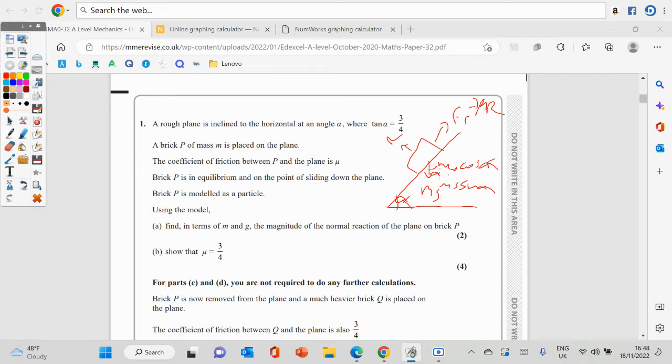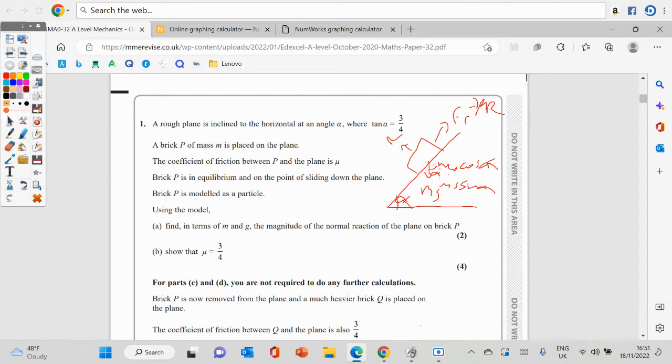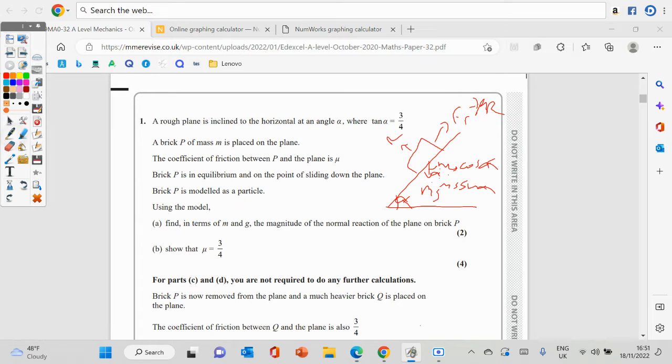So if we resolve perpendicular to the plane, we're going to get that R will be equal to mg cos alpha, which is useful to us because we know that tan alpha is 3/4.